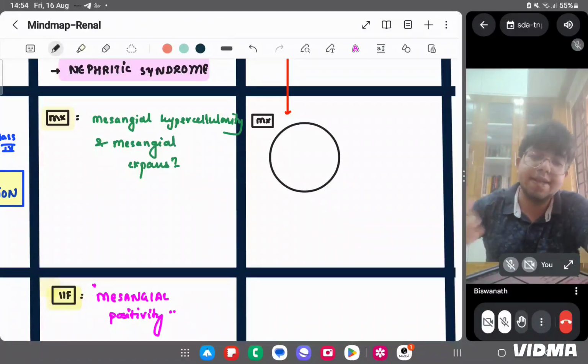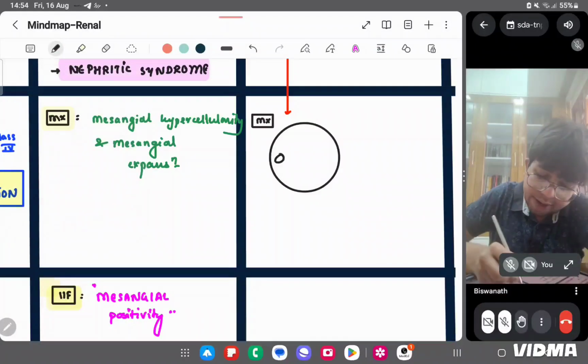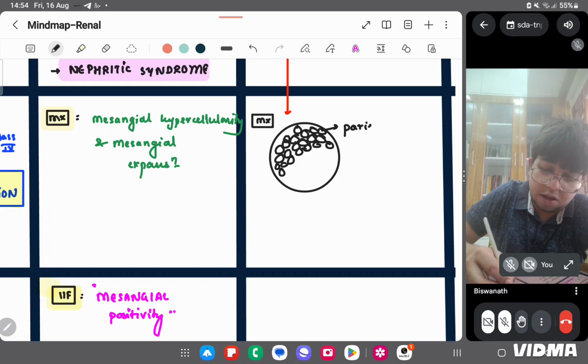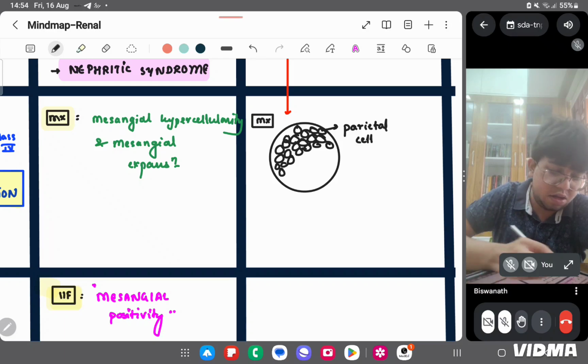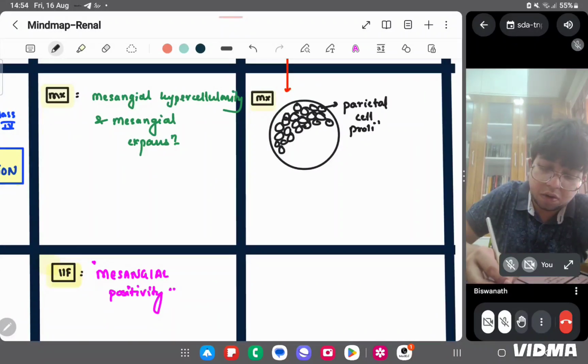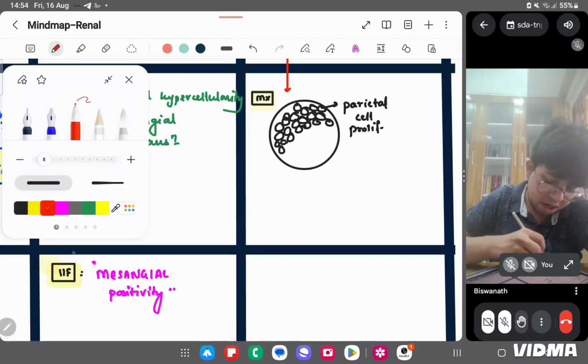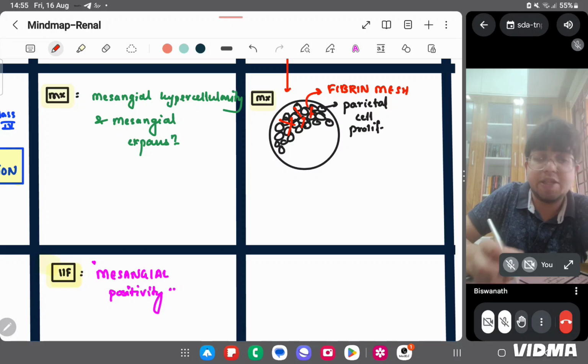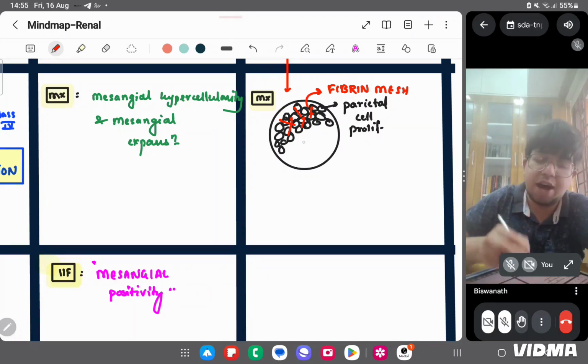The parietal cells will proliferate like this. These are the parietal cells. There will be parietal cell proliferation, and here the red things are the fibrin meshwork, and these things will destroy half of this part.